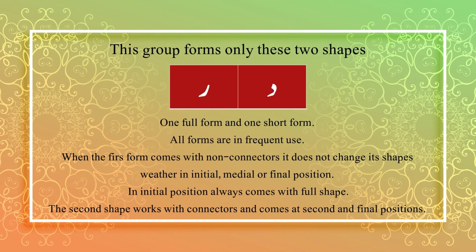And one more thing, we told you that in second and final position, the alphabets of the DAAL group use both shapes, full form and short form. Basic and different forms of this DAAL are here.